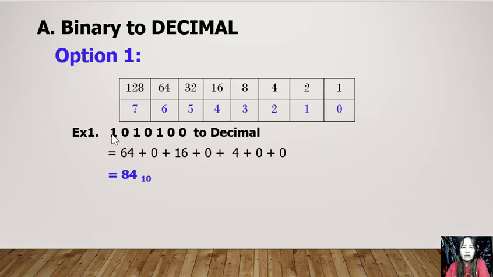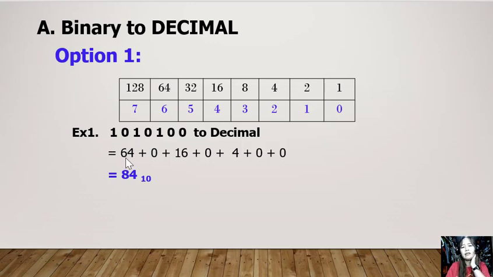Then you have the last, leftmost one, which is at position 6. If you look from the right side, you have position 0, 1, 2, 3, 4, 5, 6. Sorry, position 6. That position 6 is equivalent to 64. That's why you have 64 here on the next row.